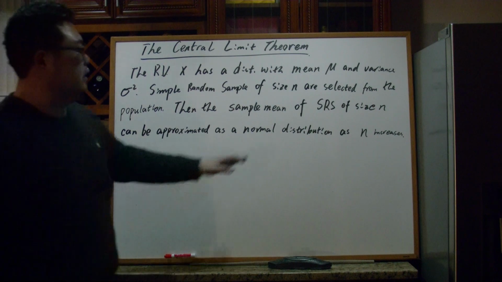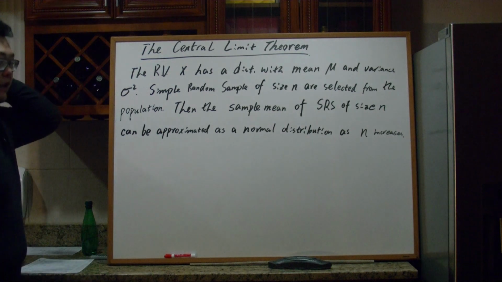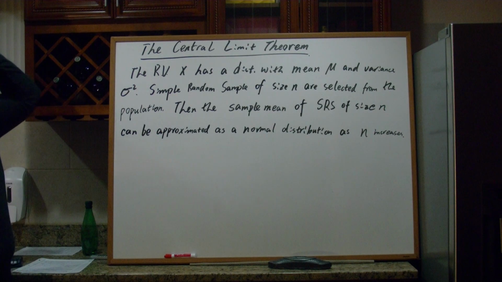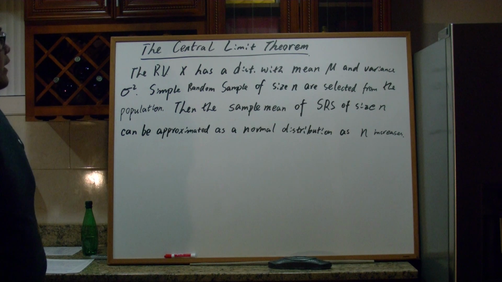Of course, the distribution before is not normal, right? We have seen the population of 1 to 3 that does not look that much normal, but when we graph it, we may see something.